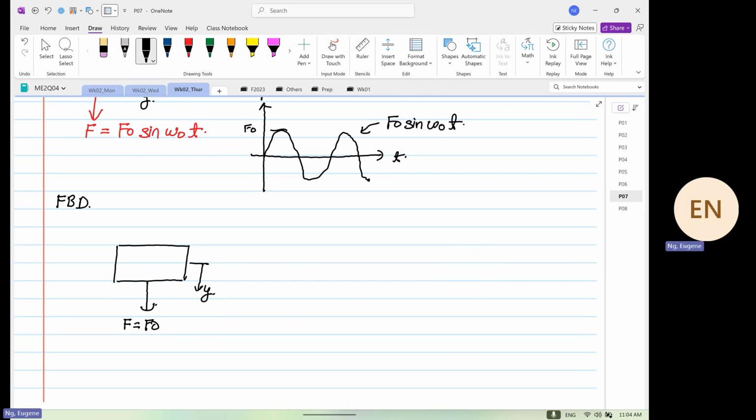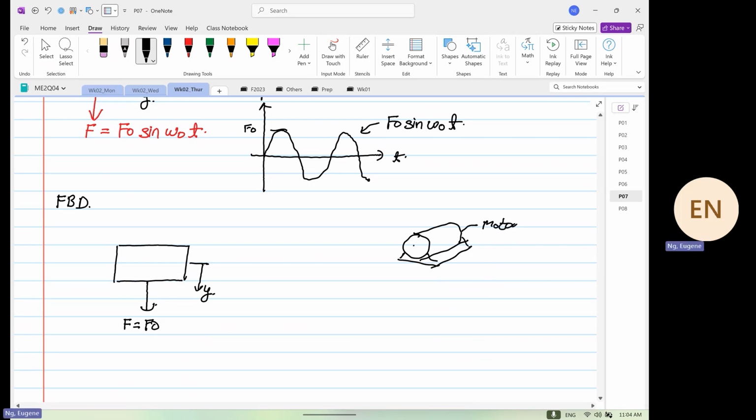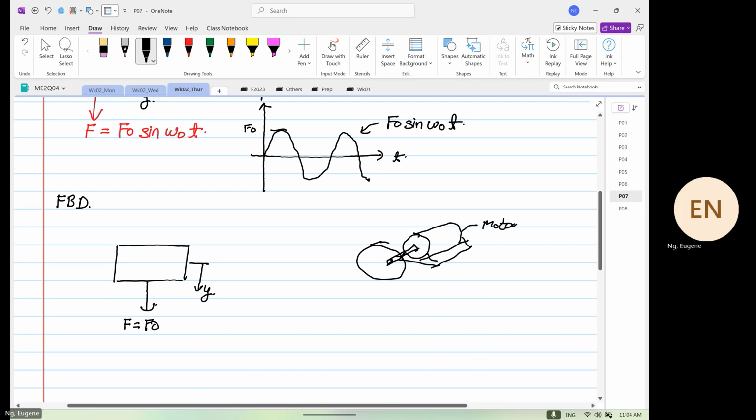If you have, I'll try to draw this, okay? If you have a motor, and the motor is attached to a wheel that is round, and this wheel is balanced, will you have any vibration?